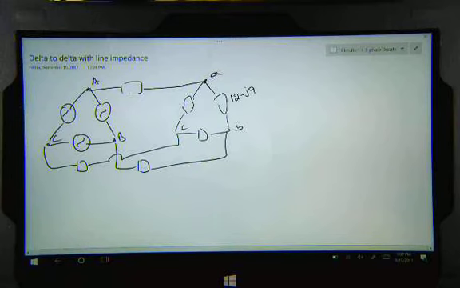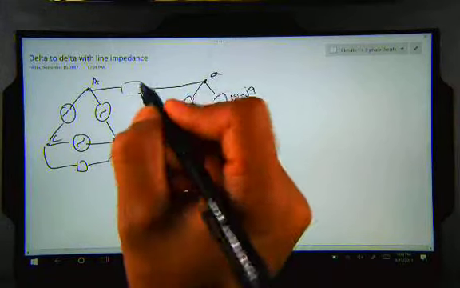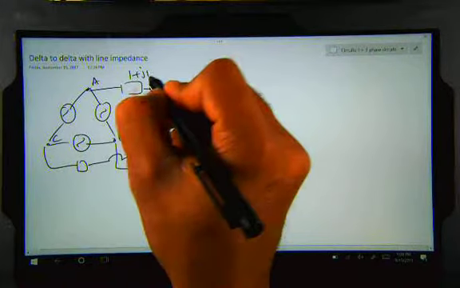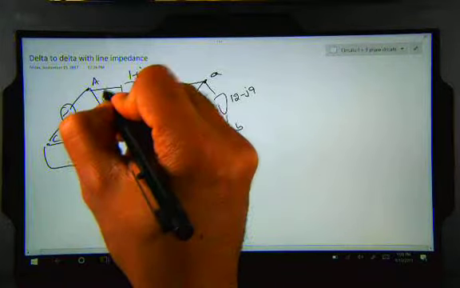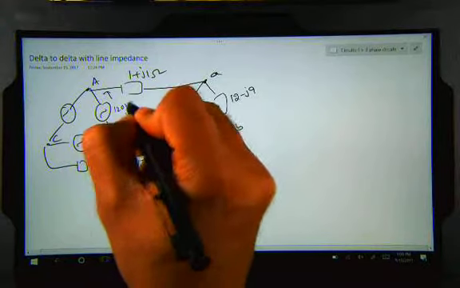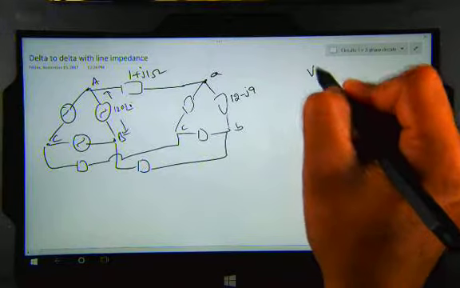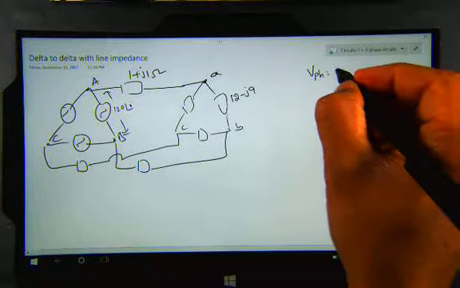Yes, 12 minus J9. On the line impedance we have 1 plus J1 ohm, and the phase voltage is 120 at an angle of 0. Remember, in delta, phase voltage is equal to line voltage.